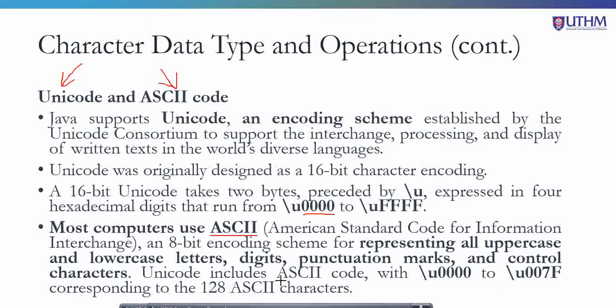Unicode includes ASCII code, with \u0000 to \u007F. It is not until \uFFFF, which is the maximum, the ceiling value of hexadecimal digits, and this corresponds to 128 ASCII characters.